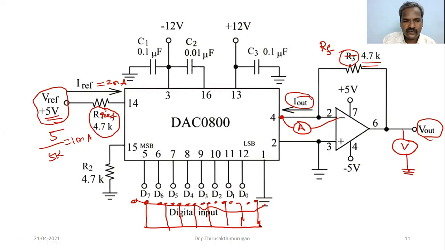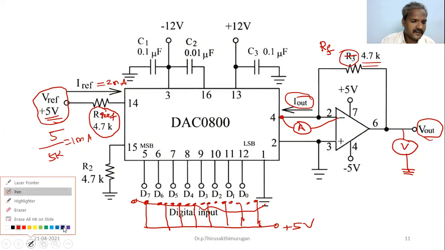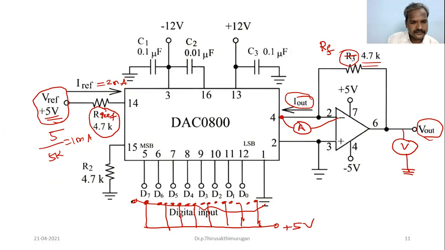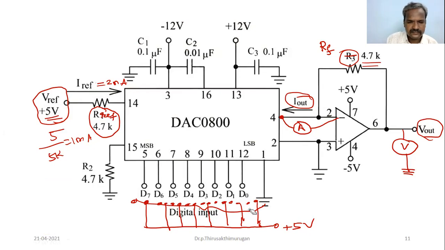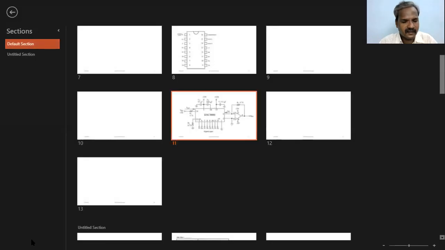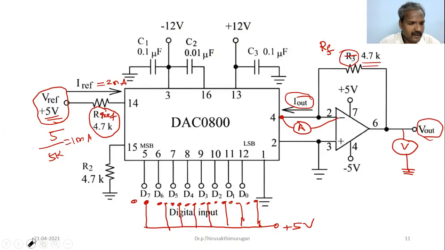So this connects to plus 5 volt, and the other terminals go to ground. Understand or not?